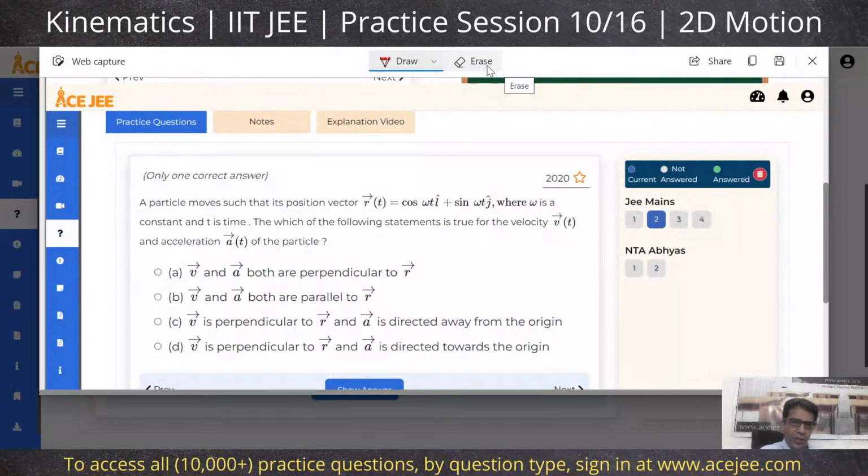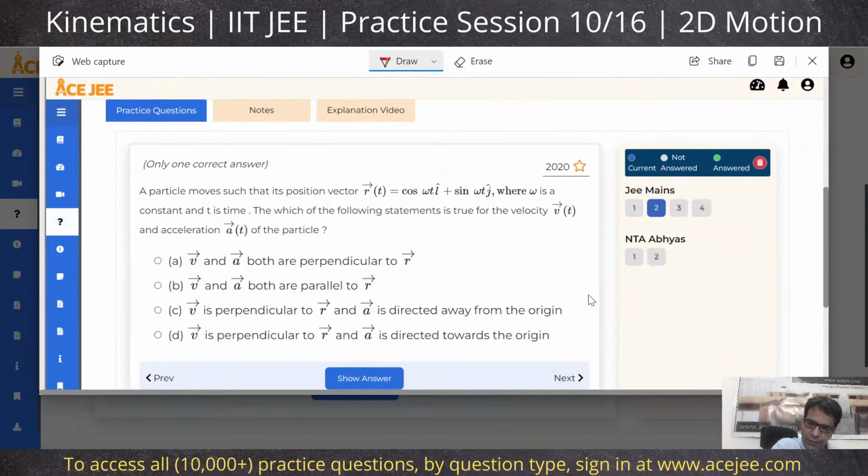Yes, beta. So let me quickly write down what you just said. You said v equals dr by dt, which is minus omega sin omega t i cap plus omega cos omega t j cap.